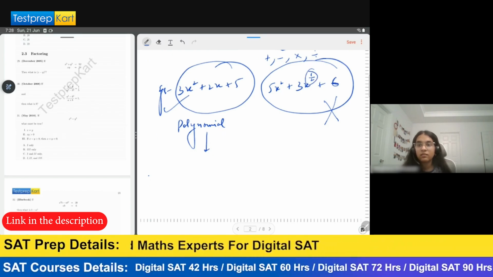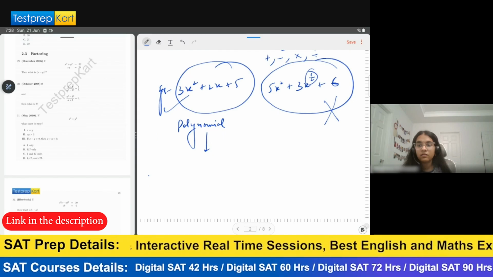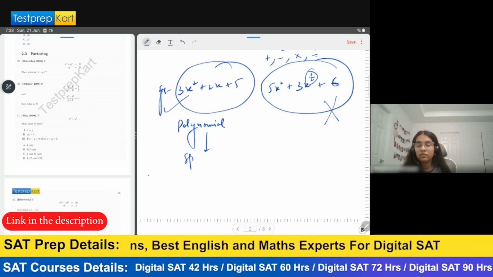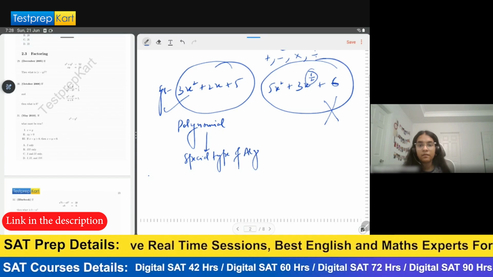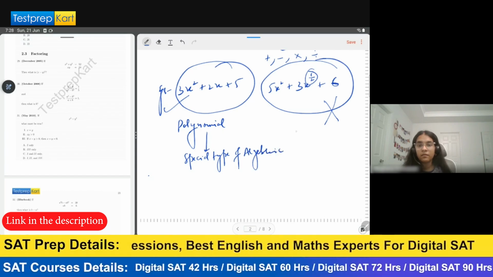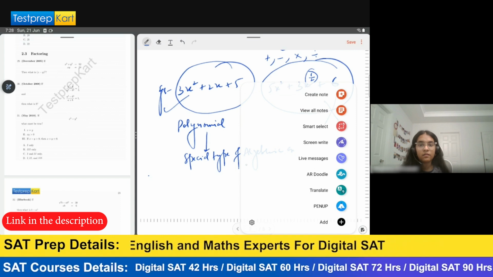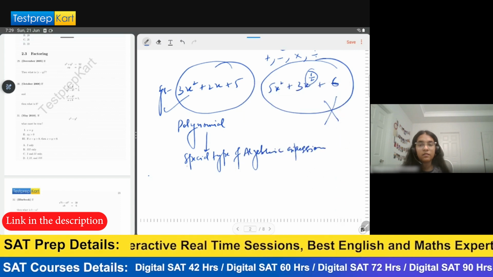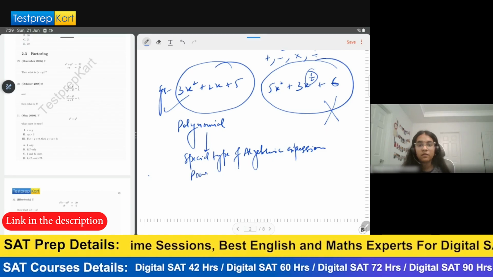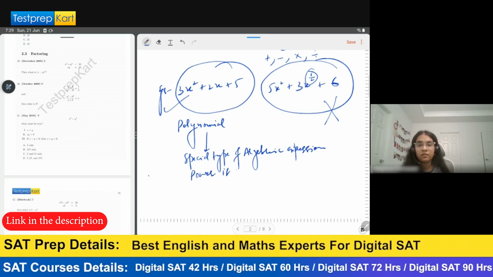So how is a polynomial different from an algebraic expression? Because a polynomial is an algebraic expression, but a special type of algebraic expression, right? So what is special about it? Special is that the power on the variable is always a whole number, right?